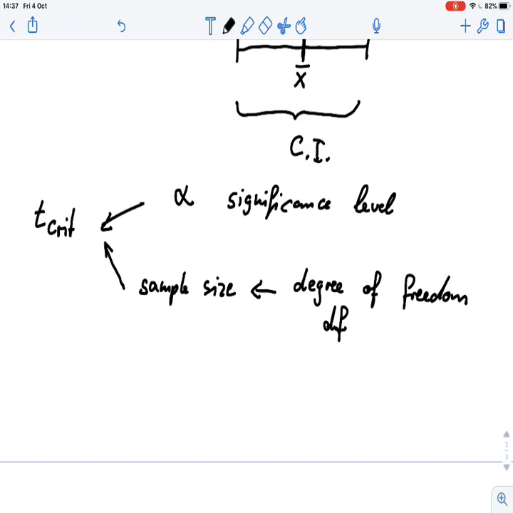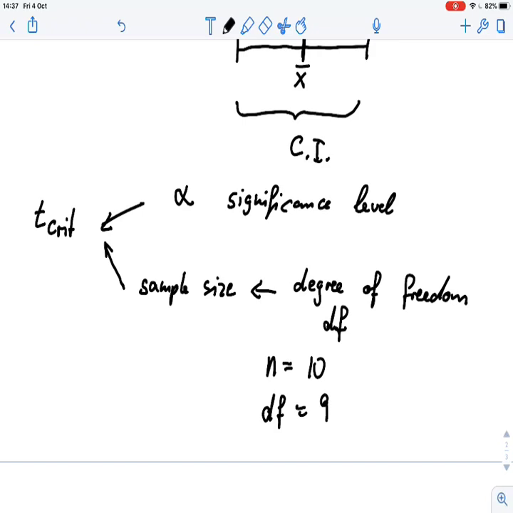The degree of freedom just simply is how many things do I measure minus 1. Yeah? So if I have a sample size of n equals 10, my degree of freedom is 9. Pretty straightforward.